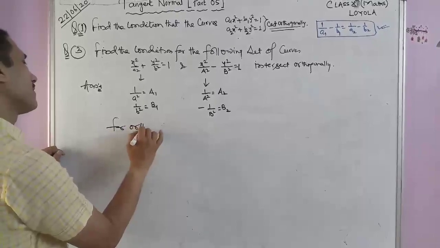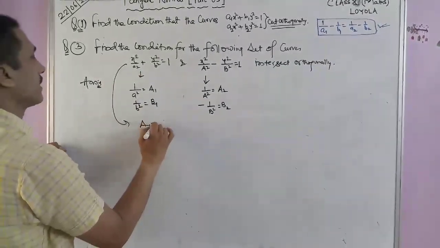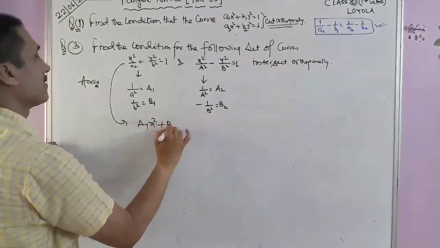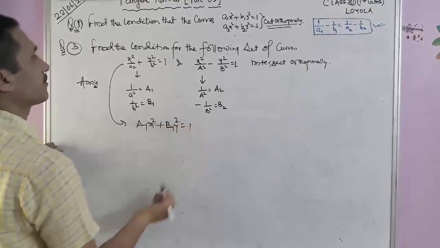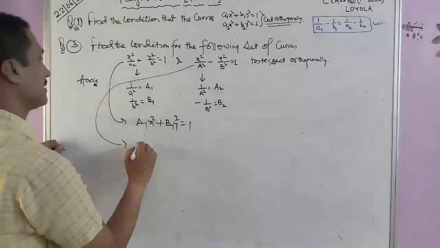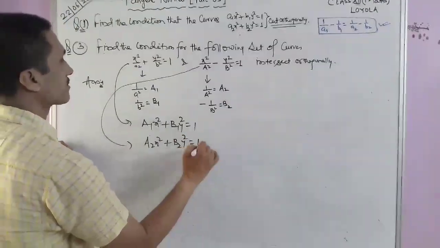The first relation reduces to a1 x square plus b1 y square equal to 1, and the second relation a2 x square plus b2 y square equal to 1.